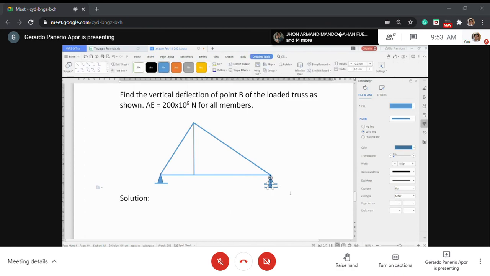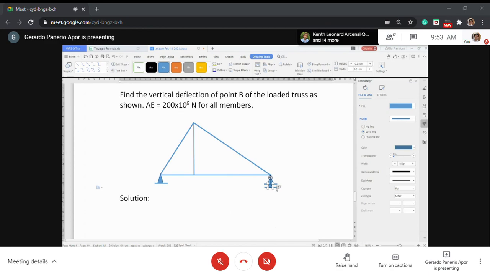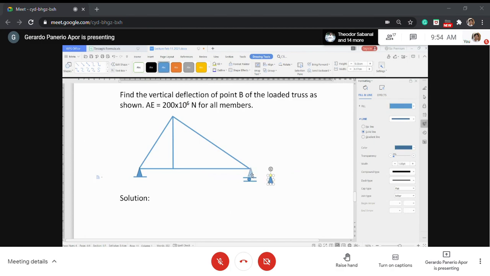I'll group them. Okay, so we have now one structure.